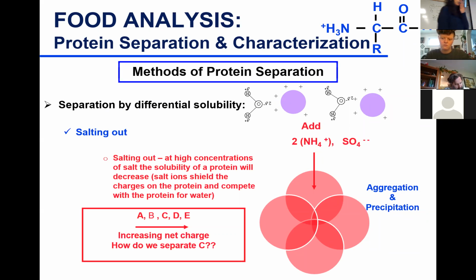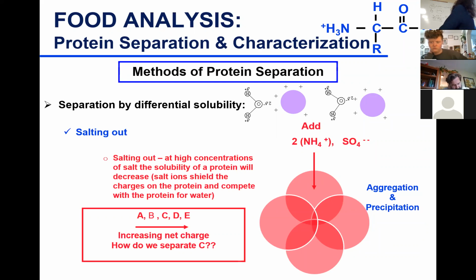So in protein chemistry, or in your food chemistry class, you might have heard of something called salting in and salting out. So with salting in, sometimes you add a little bit of a certain type of salt to enhance protein solubility. Basically, that salt adds a charge load to the protein and helps it interact with the water better.